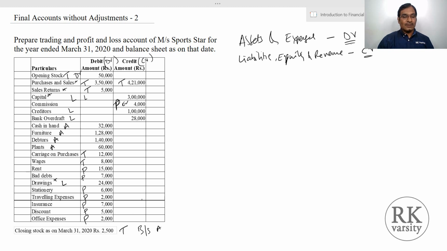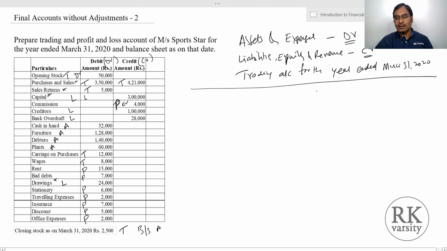So using these values, now we will prepare the trading account first. Our trading account for the year ended March 31st 2020. I'm not going with a detailed format, we'll make a simple format.